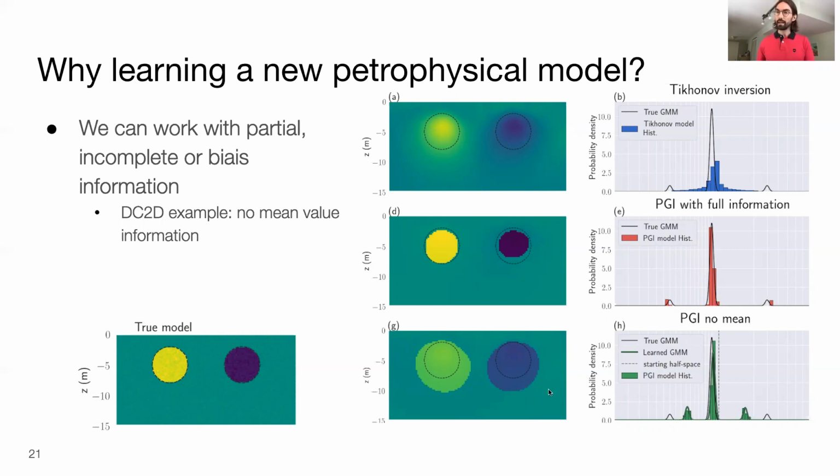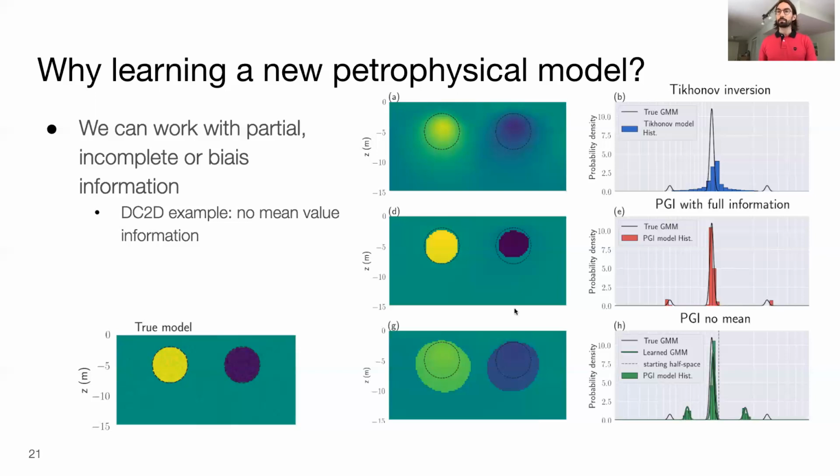And in that last slide is where it gets interesting: I launched my PGI algorithm, but I didn't provide any information in terms of physical properties except that there are 3 units. And I let the algorithm, the MAP-EM algorithm, define a new petrophysical distribution at each iteration. And this is what I get.